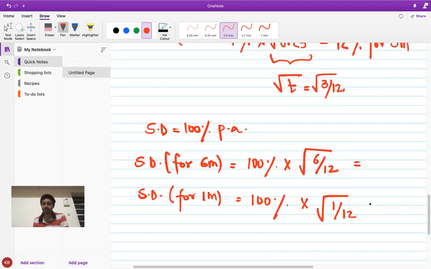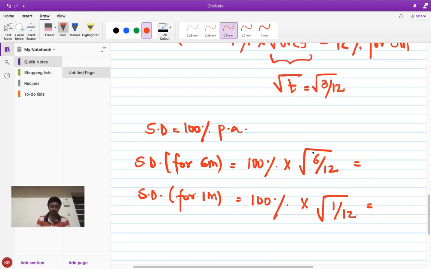Generally, what we would have thought was SD for 1 year is 100%, SD for 1 month is 100 into 1 by 12. No, SD for 1 month is 100 into square root of 1 by 12. Had this been variance, 100% square, then you could have done just into 6 by 12 and into 1 by 12 for variance of 6 months and variance of 1 month.